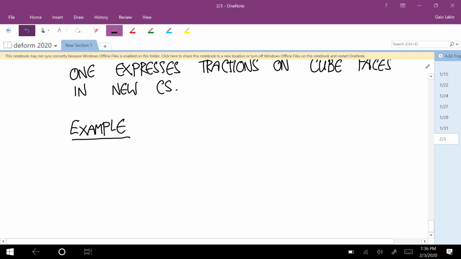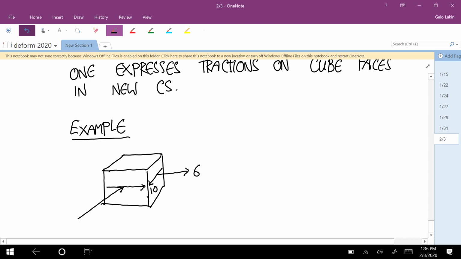Okay, so let's say that we have a stress tensor that's represented by this cube. Let's say that this is 6, this is 10, let's say this is 8, this is 5, and 2.